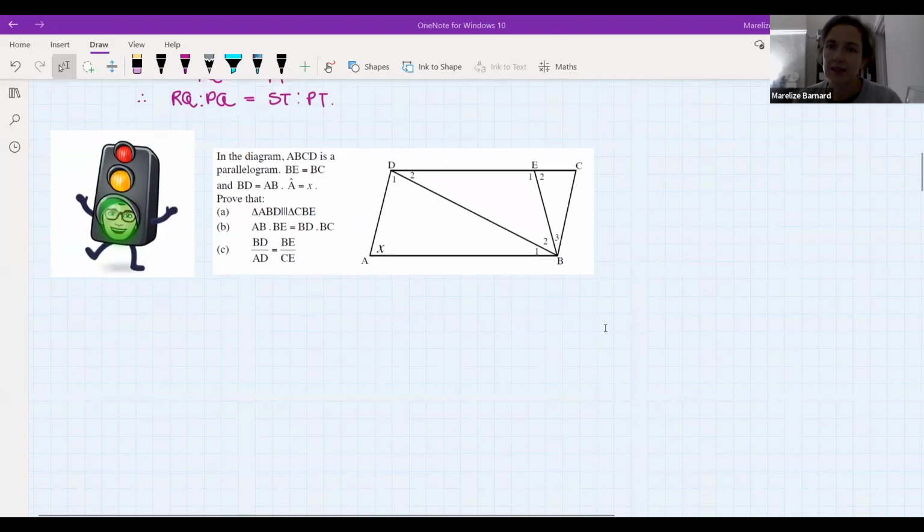Right, the next one is your one. I'm going to leave you here for a bit to grapple with it and figure it out. You're going to need your knowledge of parallelograms and their properties. And once you've done your similarity, remember for similarity, 2 angles.